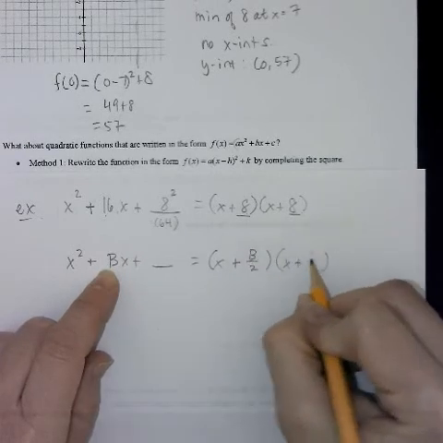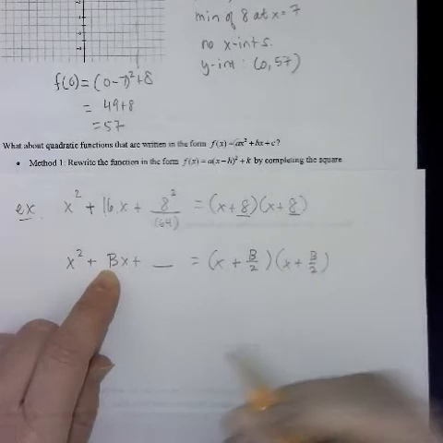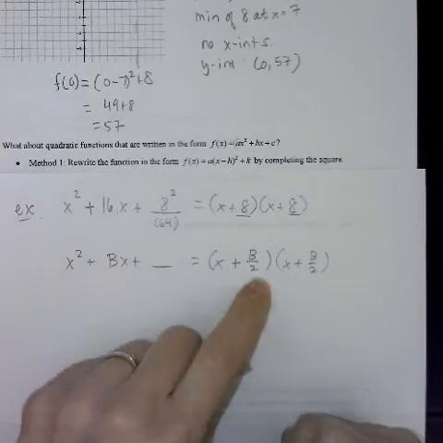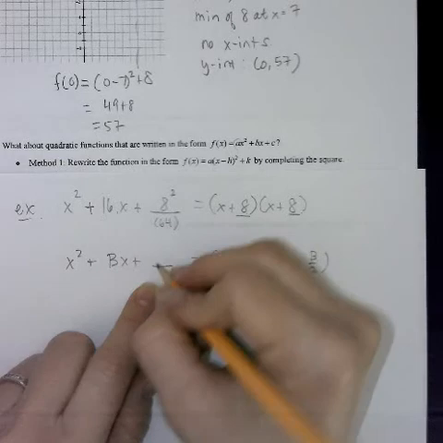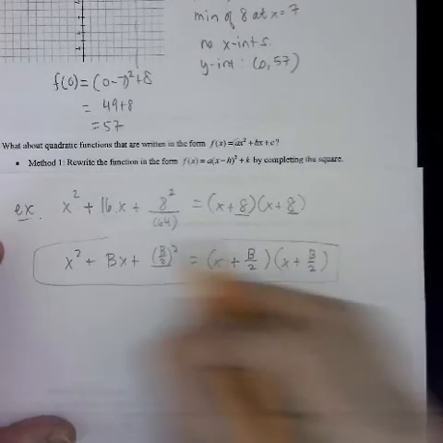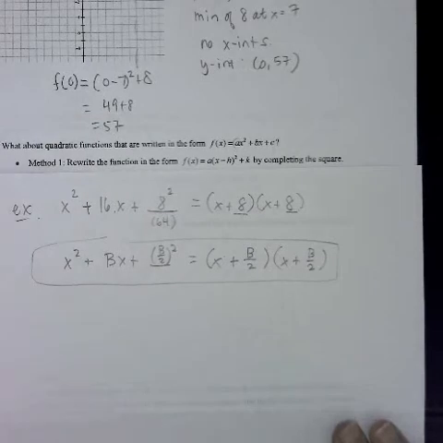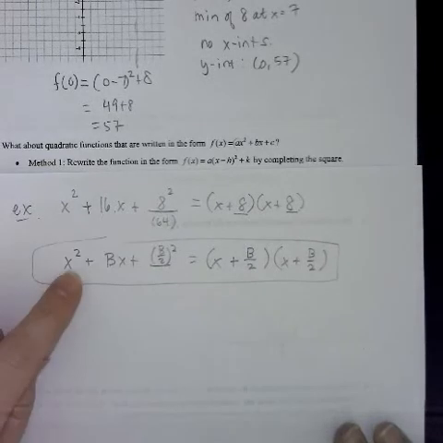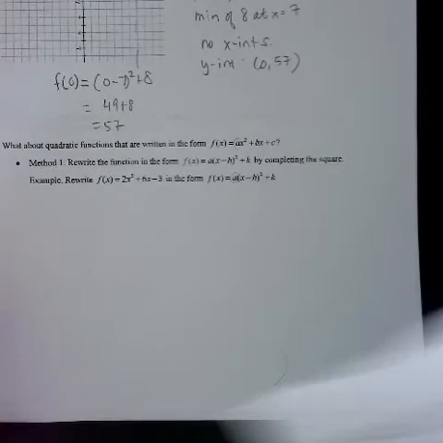And then this number times this number is what goes here, so it's b over 2 squared. So this is how we complete the square. We're going to use this in this problem, and again, we're going to use it in the circle problems that I kind of tacked on in this section. All right, so let's proceed with this problem now that we know how to complete the square.